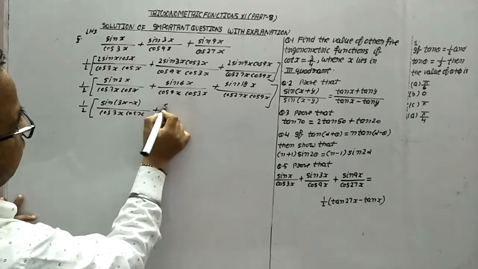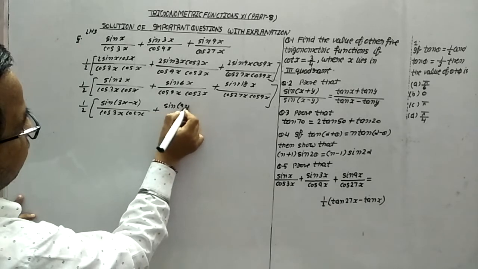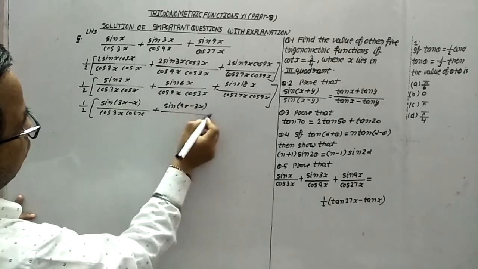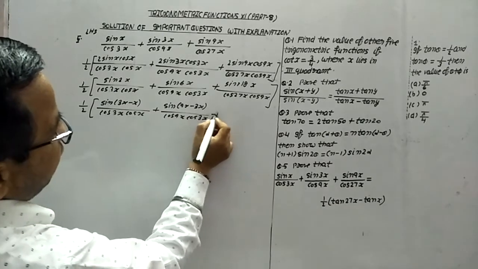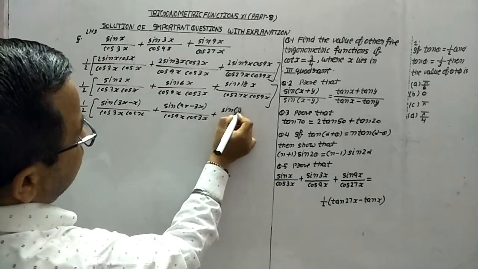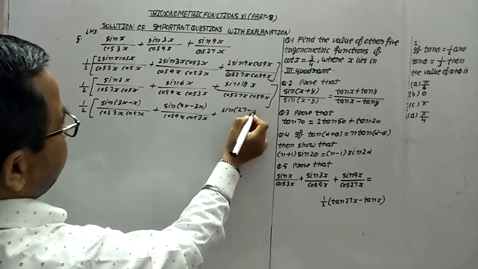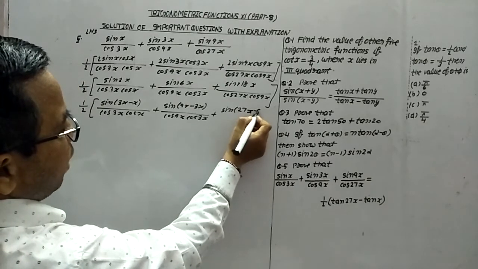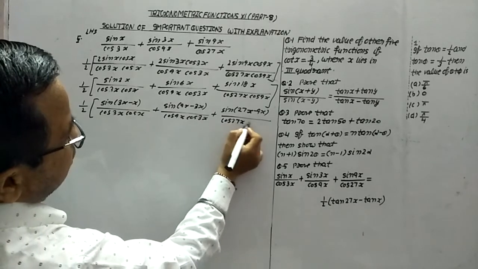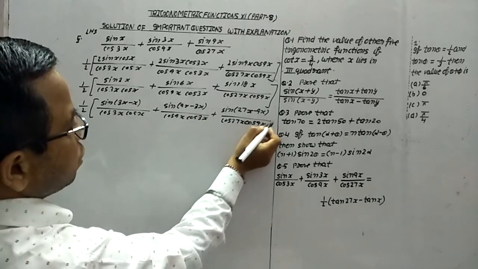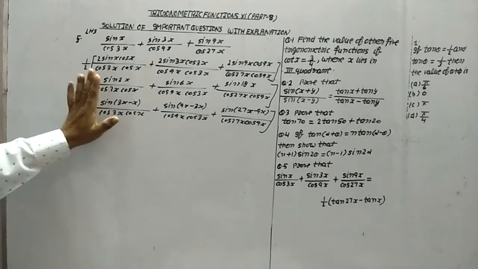In the same way, sin 6x means sin(9x minus 3x) upon cos 9x cos 3x, and here sin(27x minus 9x) upon cos 27x cos 9x. This is the way, and these steps are very important.